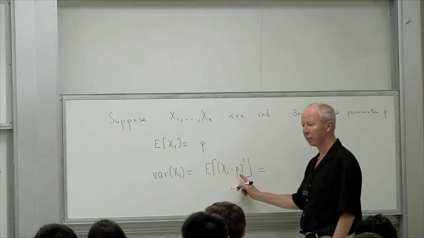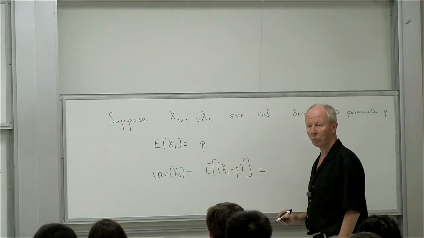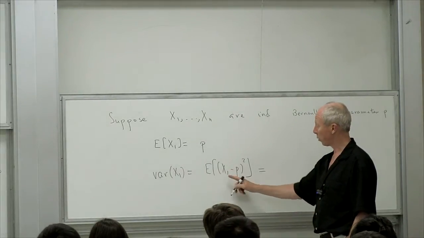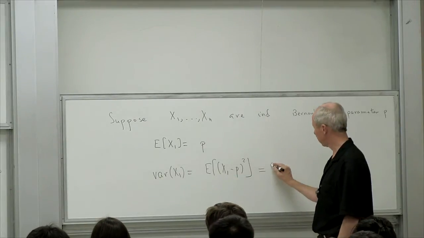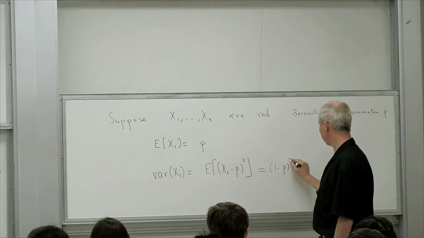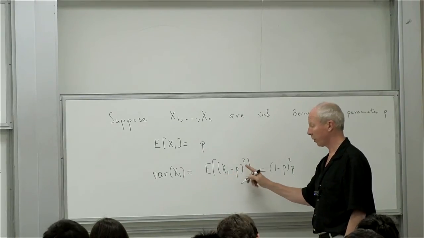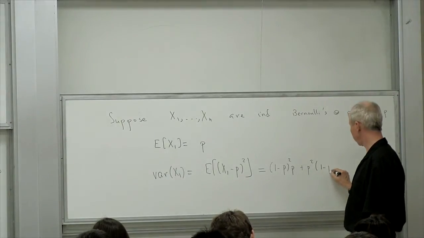This could be 1 minus p squared or p squared, right? It's 1 minus p squared when X1 is 1, and that happens with probability p. So I get 1 minus p squared with probability p, and when I put 0 in here, I get p squared, with probability 1 minus p.